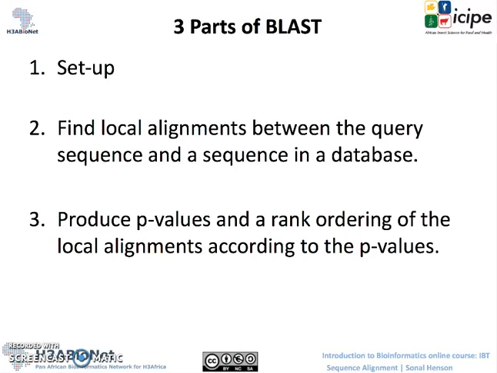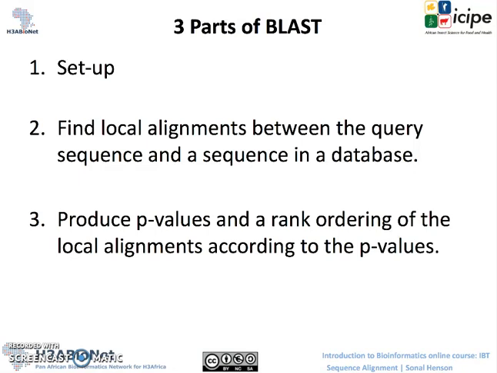So, BLAST can be divided into three parts. First is the setup stage, where the BLAST input is given and the parameters are set. The second part involves searching for local alignments between a query sequence and a sequence in a database.